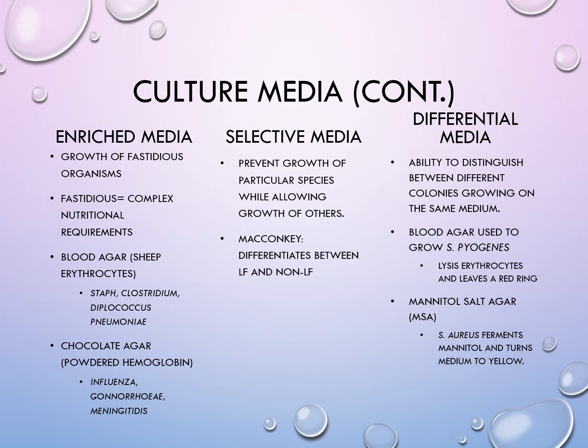The media is going to be enriched with some delicious nutrients that are going to encourage those bacteria to grow there. And so a couple examples are blood agar and chocolate agar.